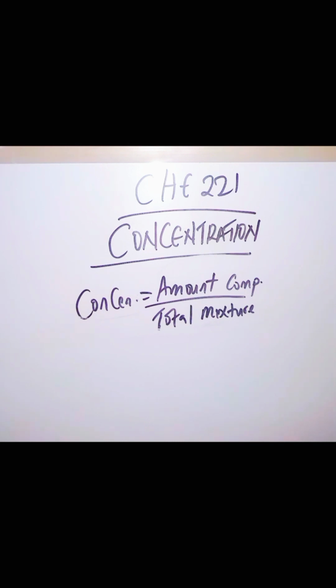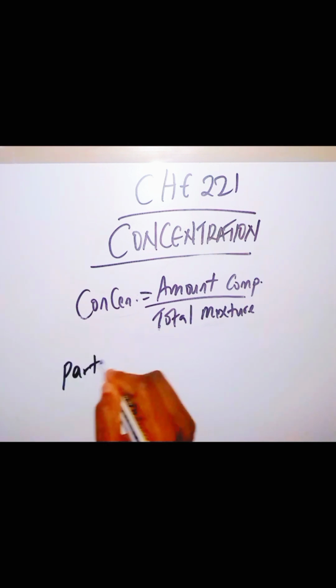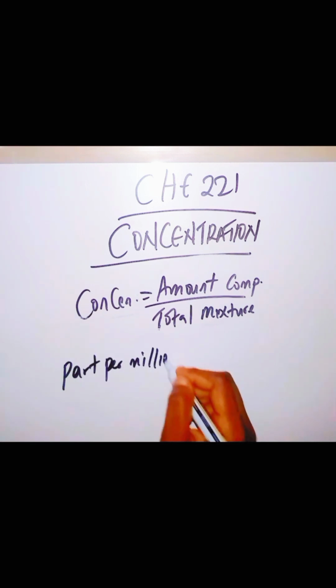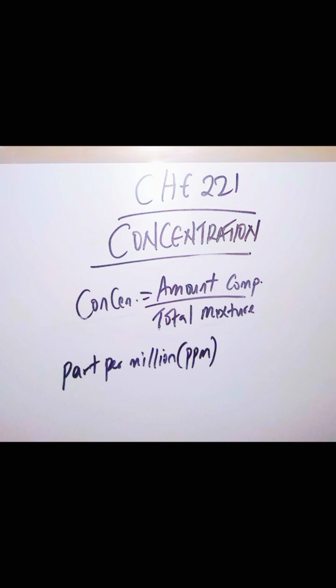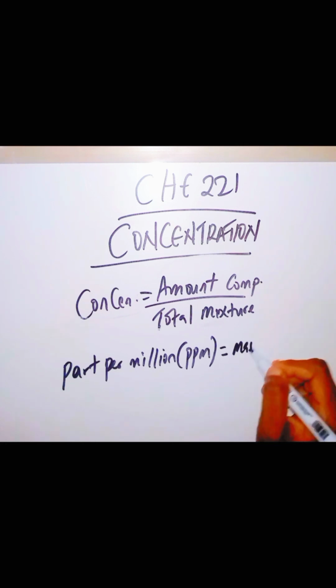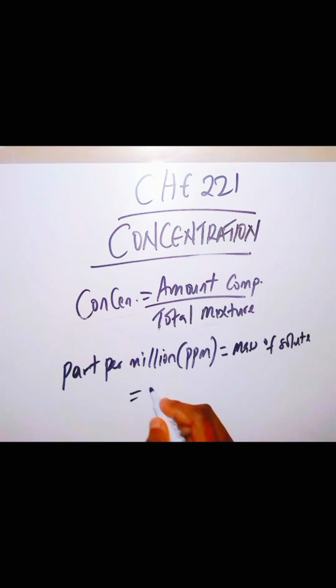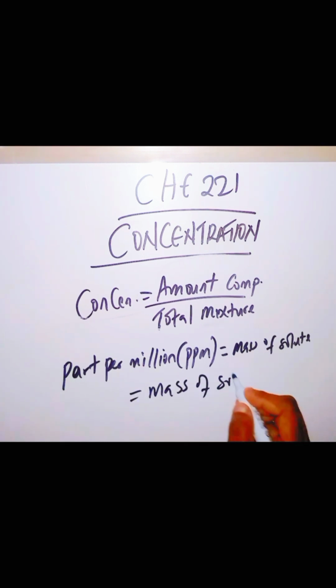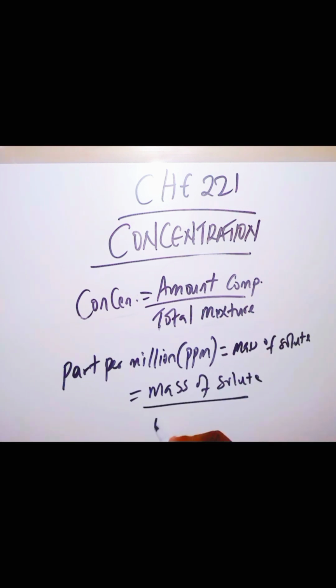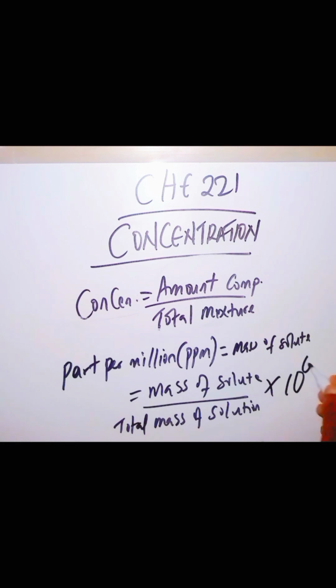Concentration can be expressed in parts per million, ppm. Parts per million is a method of expressing concentration in extremely dilute solution. And this is how it's expressed: mass of solute divided by the total mass of the solution, multiplied by 10 to the power of 6.